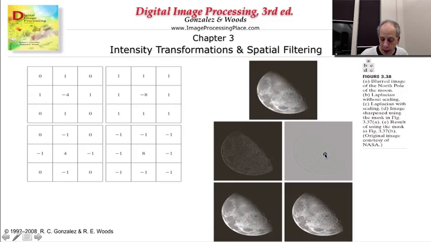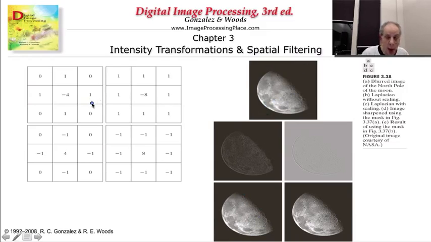And what we are doing next is adding this to this. So we basically take an image, take the Laplacian, stretch it, and then add them, and we get this image, which you can observe is a bit sharper. Some of the details are much more clear in this image than they were in this image.